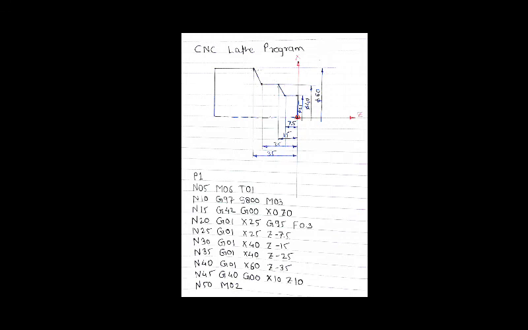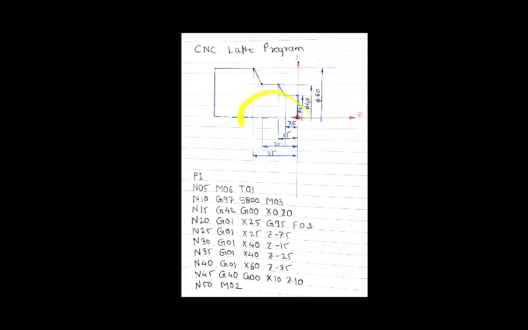But if you want, you can start with N01, N5, N10, or N05, N010, N015, or you can write N010, N020, N030, N040. In such a way you can write the program also.